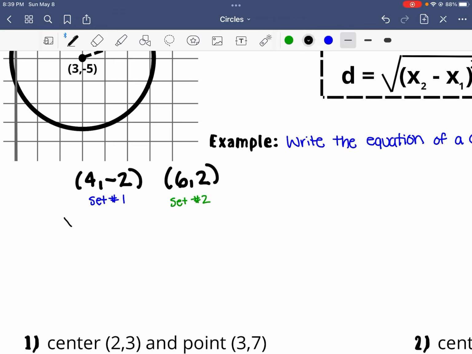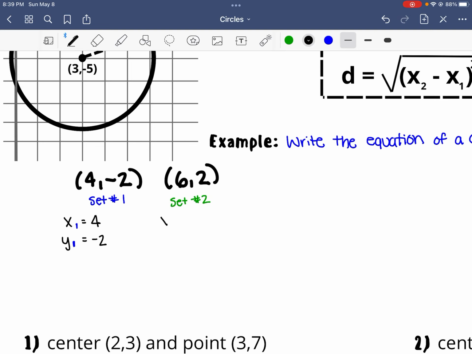So that means that for my x values for set number 1, it is the number 4 because these are the x's, right? And my y value for my first set is equal to -2, okay?